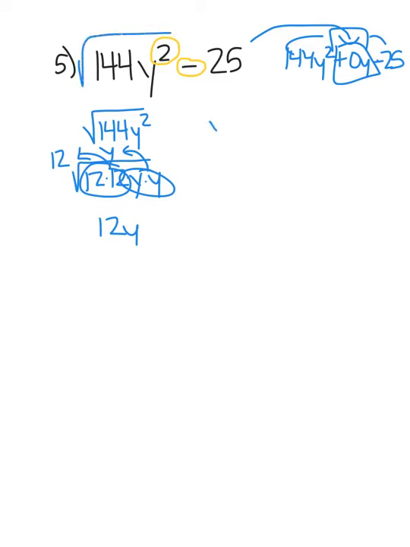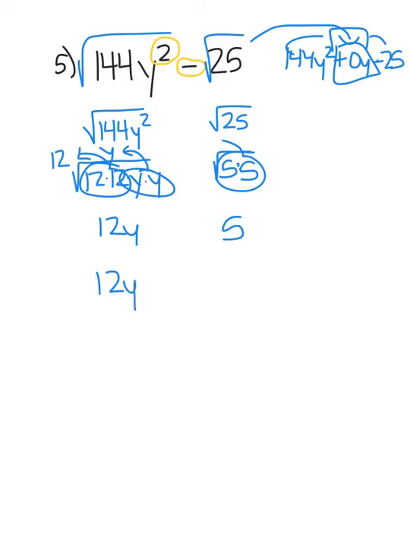And then the square root of 25 is the same thing as the square root of 5 times 5, which is 5. If these are both perfect squares, then we know we have a difference of squares. And our answer is 12y minus 5 and 12y plus 5.